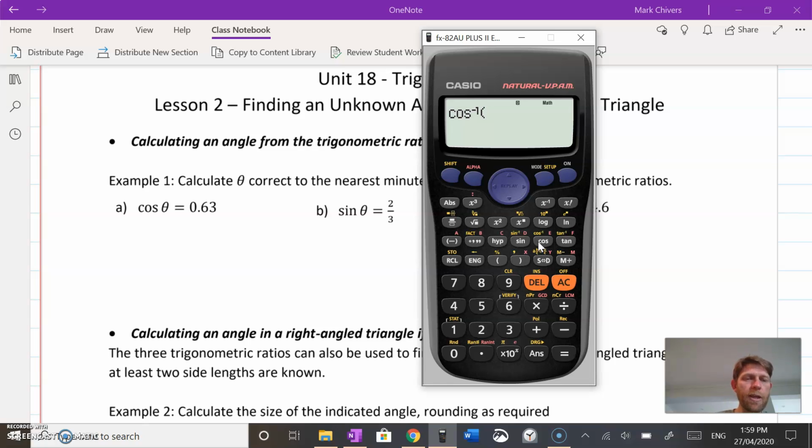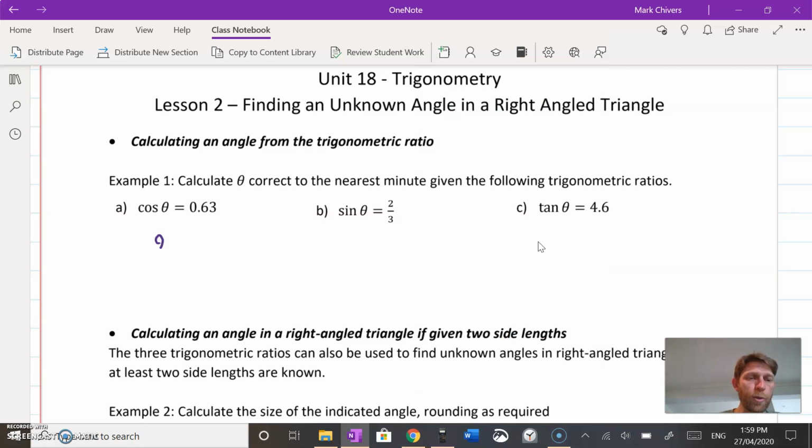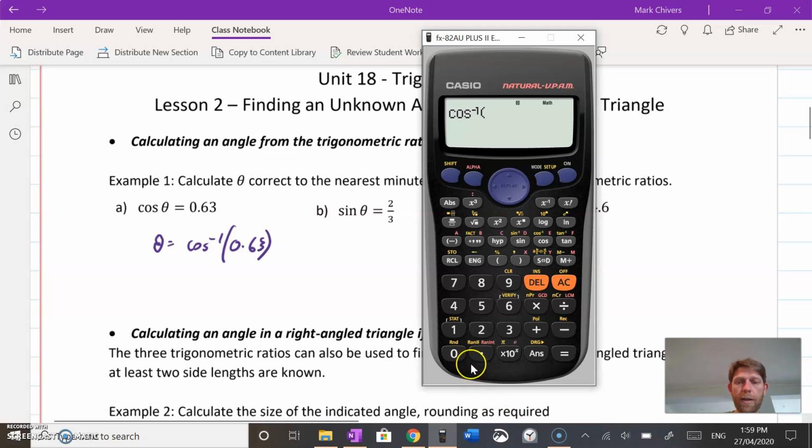So for this first example, if cos theta equals 0.63, then theta must equal cos to the -1 of 0.63. So we just plug that into our calculator. 0.63, close our brackets, and there we go. It's also asked for us to give the answer to the nearest minute.